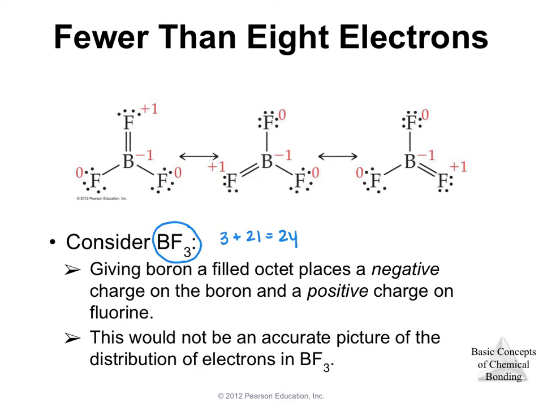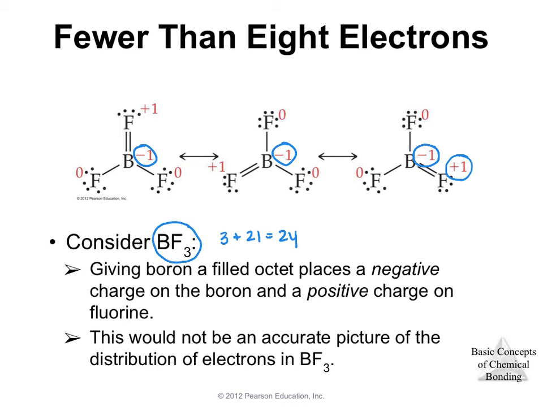But in each of those structures, the octet is full, but boron has a -1 charge. Fluorine is the most electronegative atom, which means that under no circumstances should it be a +1. It is the best at attracting electrons.